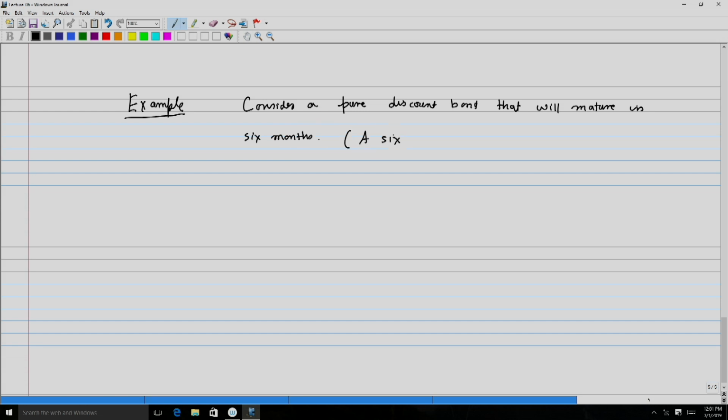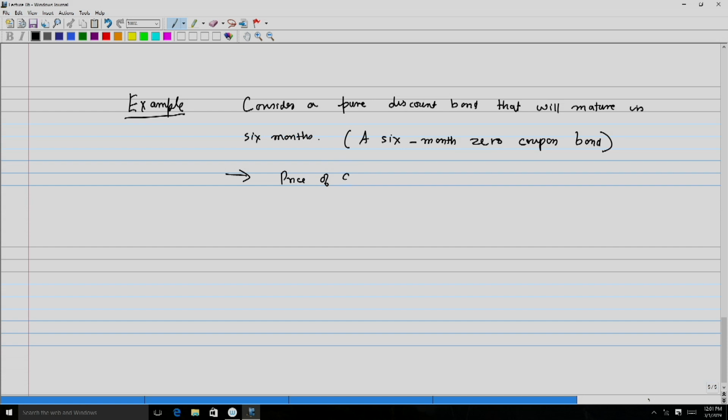So, this is basically a 6-month zero coupon bond. Now, what are the characteristics in this case?